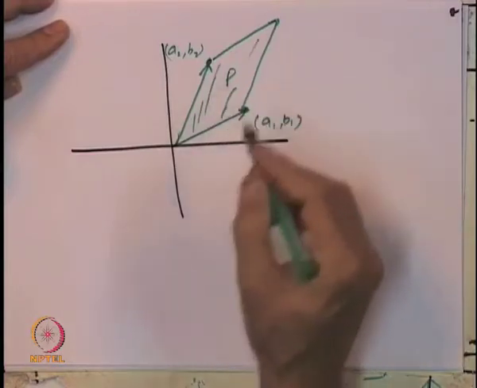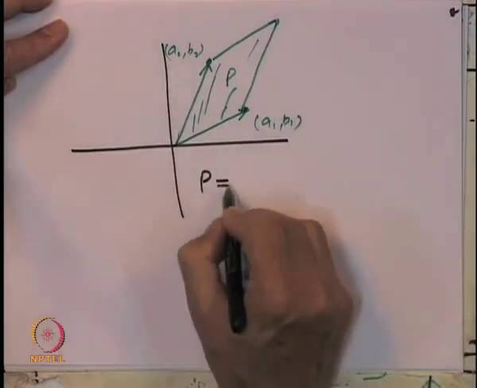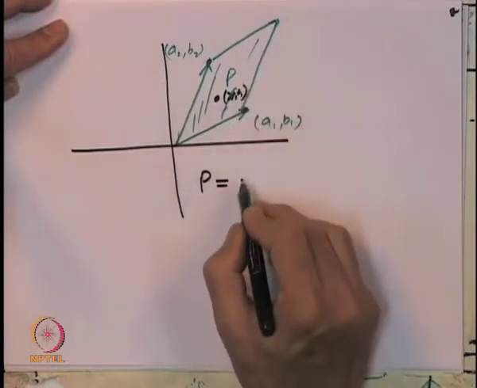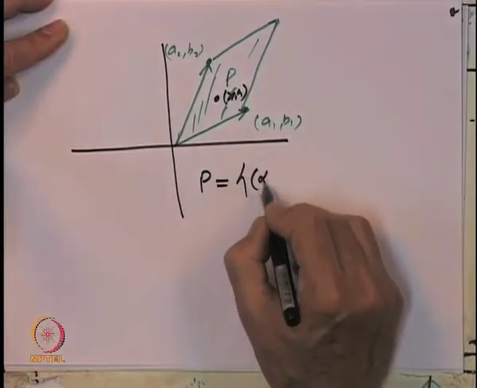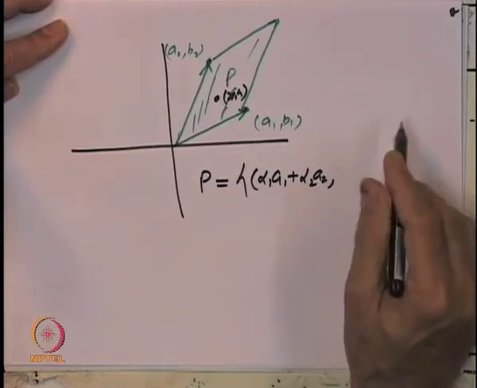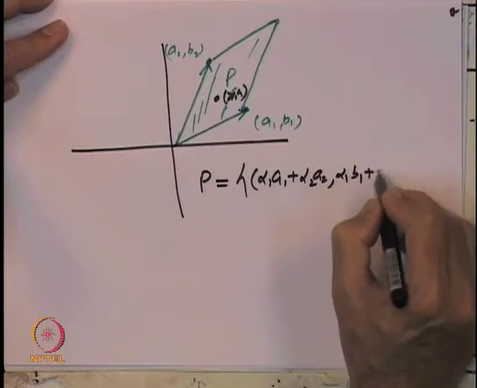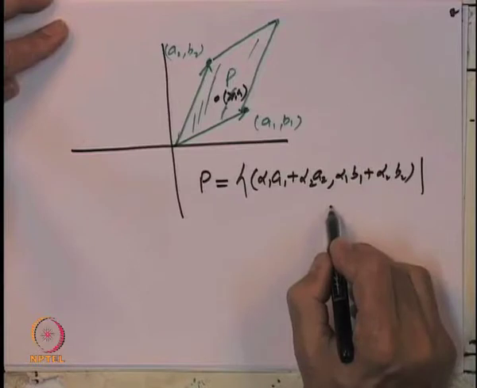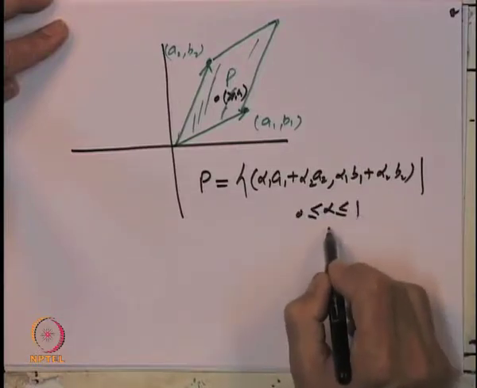So, this parallelogram P is characterized by that any vector inside here, say call it x y. So, P is then x looks like alpha 1 a 1 plus alpha 2 a 2, and the second looks like alpha 1 b 1 plus alpha 2 b 2, where alpha 1 and alpha 2 have the property that they are numbers between 0 and 1.